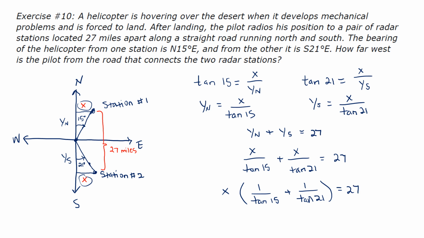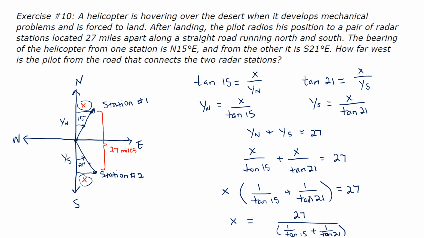And now I can divide both sides by the expression within the parentheses. So x equals 27 over 1 over the tan of 15 plus 1 over the tan of 21.